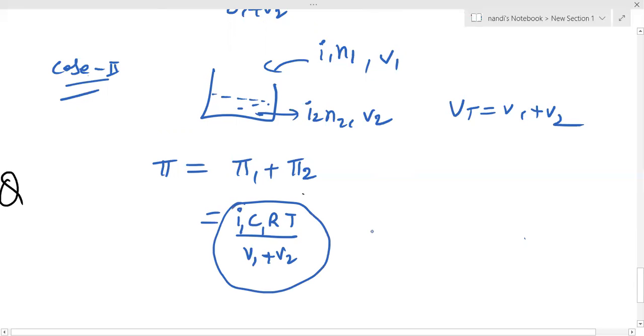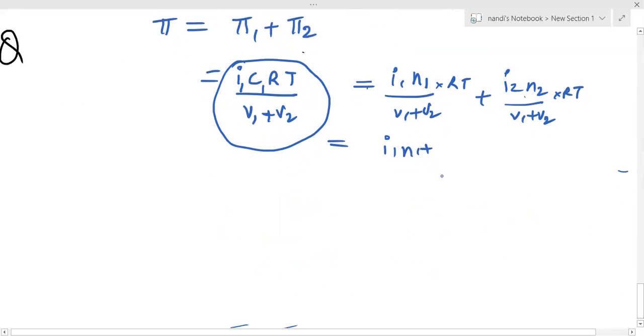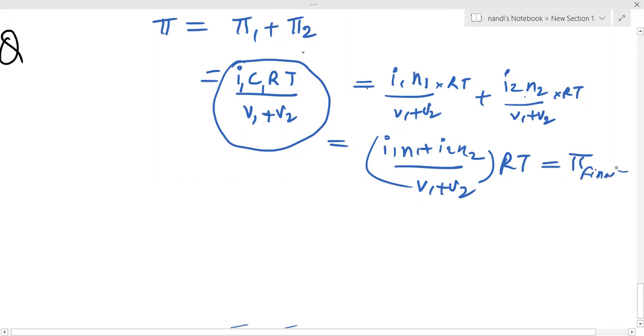So indirectly i1, number of moles n1, by total volume V1 plus V2, into RT. This is the pi 1 value. Pi 1 plus pi 2 is also i2 n2 by V1 plus V2, the common total volume, into RT. Take the common factor and write the final formula: i1 n1 plus i2 n2 by V1 plus V2 into RT. This is the final osmotic pressure.